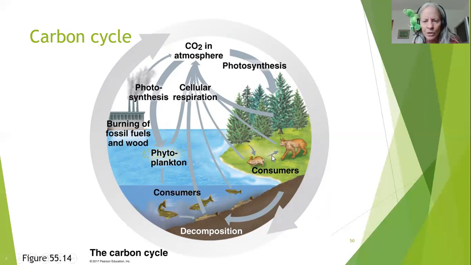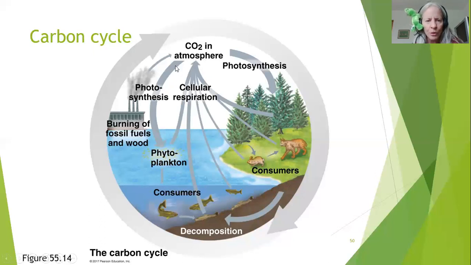And then as each one of these organisms, the plants, the primary consumers, the secondary consumers, as all of them do cellular respiration, and I hope you are convinced by now that plants do both photosynthesis and cellular respiration, this process releases CO2 back to the atmosphere.